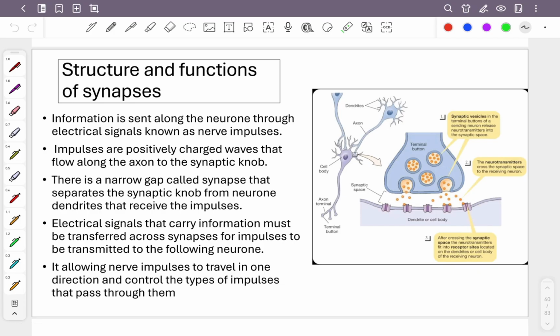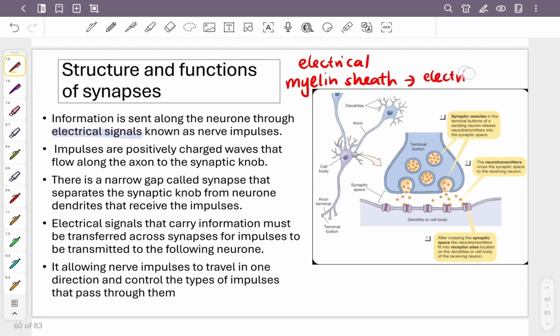Information is sent along the neuron through electrical signals known as nerve impulses. Very important: when the information is passed out, it is in electrical form. Just like I told you, right? Since it is electrical, that is why the myelin sheath is an electric insulator.